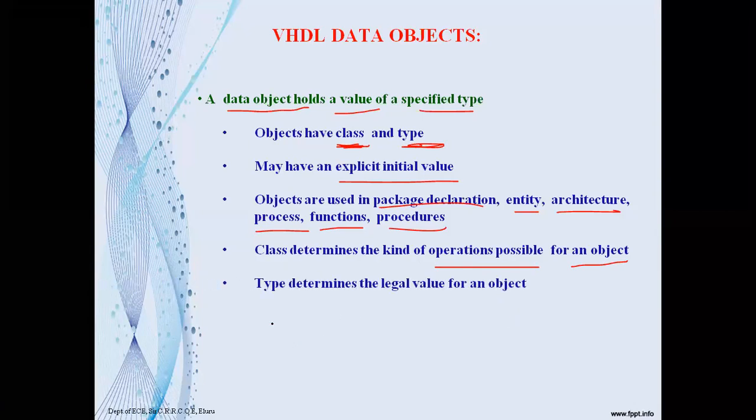The object has two things, class and type. The class determines the possible operation, and the type determines the legal values for an object.